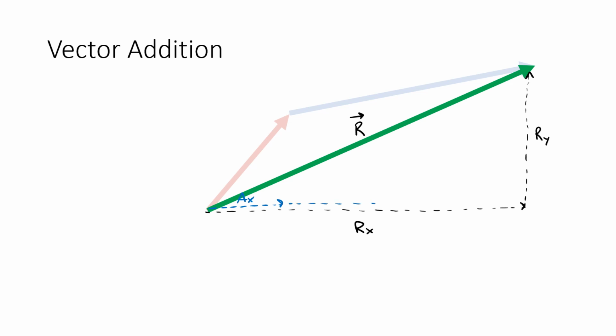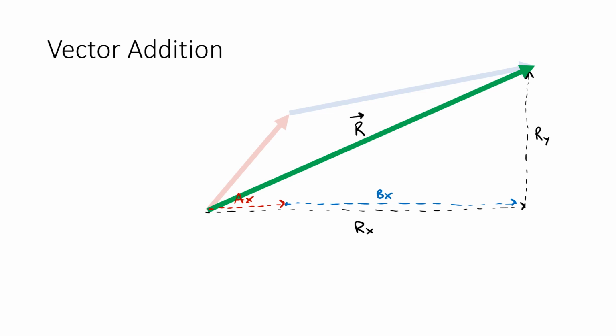For A, I'm going to do it in red, because that was the red vector. A sub x went from here to here, and B sub x went from here all the way over to here.